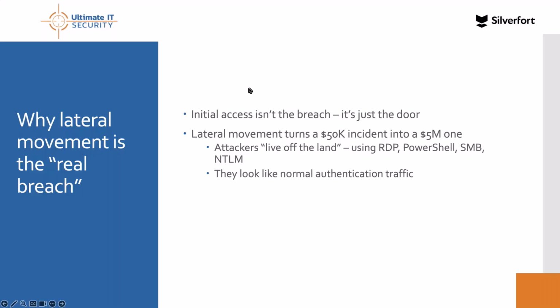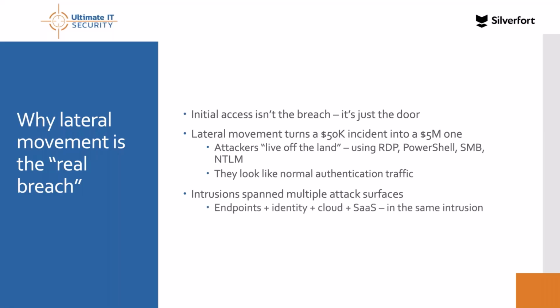And then the last part here, the lateral movement being the real breach, is that intrusions tend to span multiple attack surfaces. I want you to think about, I've mentioned endpoints, we've talked about identity providers, we've talked a little bit about cloud applications, SaaS. It's all in the same intrusion.